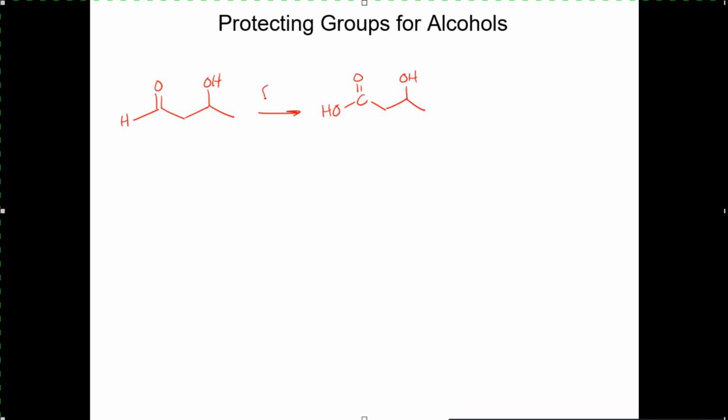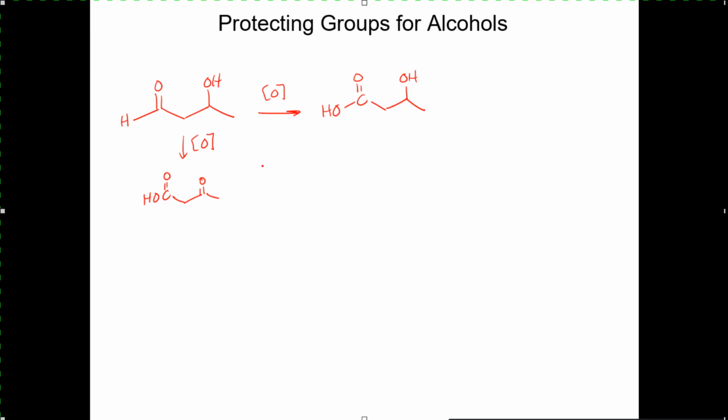Well, you'd say, I need to use an oxidizer, right? But remember that all those strong oxidizers will also oxidize the alcohol to a ketone. So any oxidizer that I use is going to give me the carboxylic acid, but it's also going to give me the ketone.